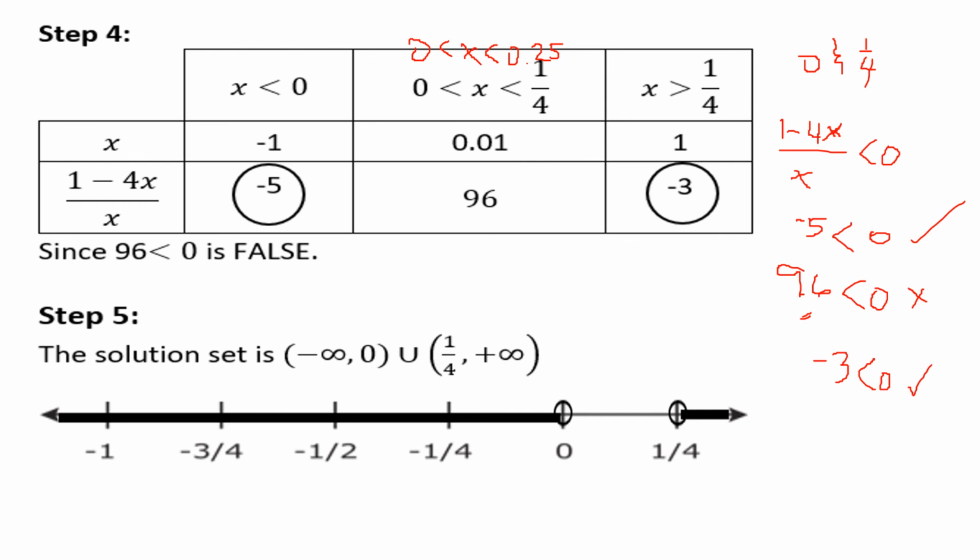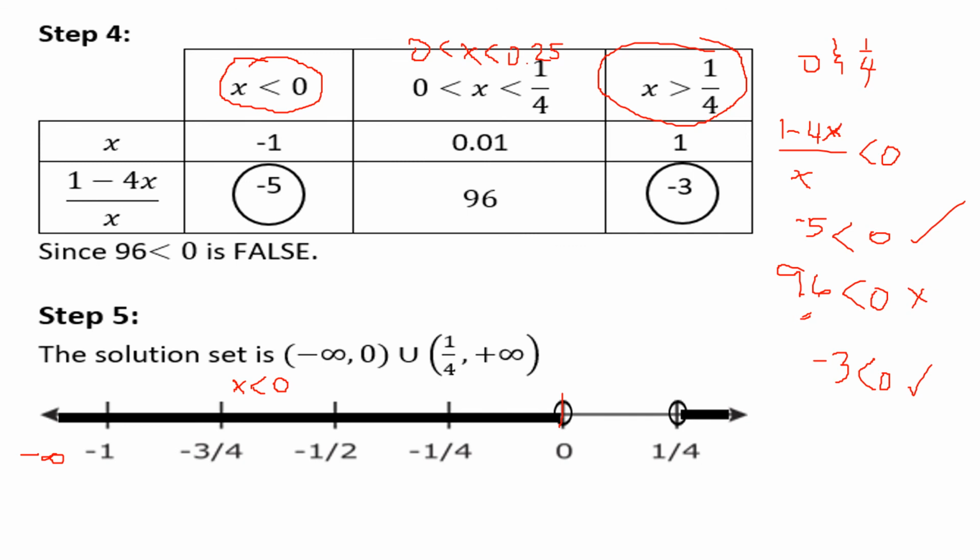Okay, so since we already found our intervals, our intervals are from x less than 0 and from x greater than 1/4. On our number line, x less than 0 is this part, from -infinity to 0.